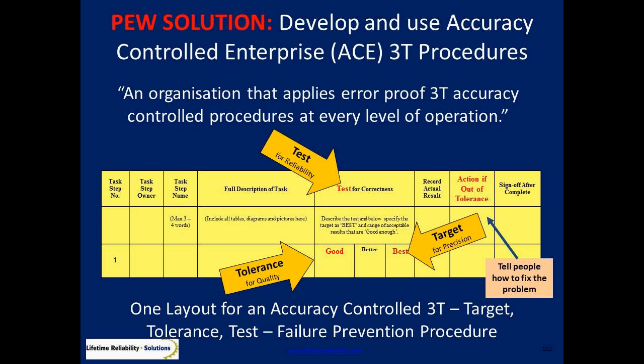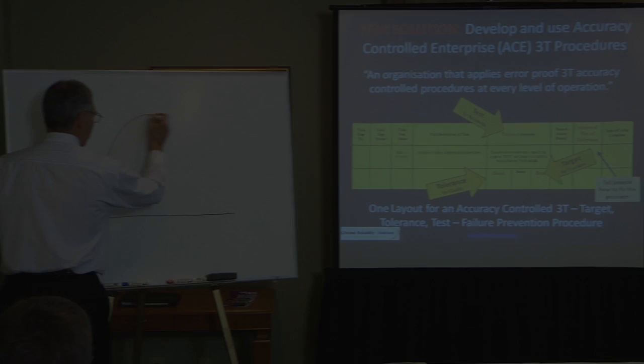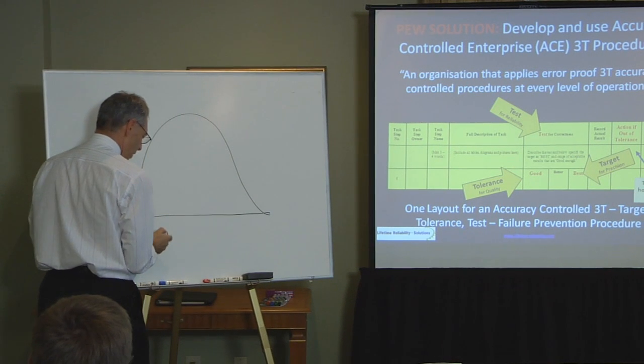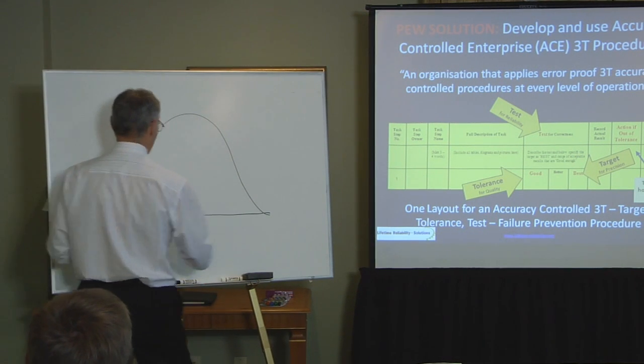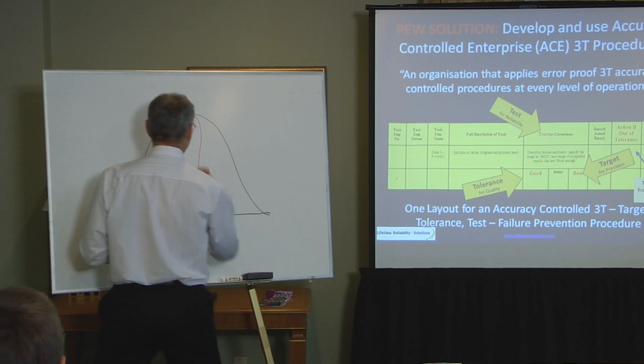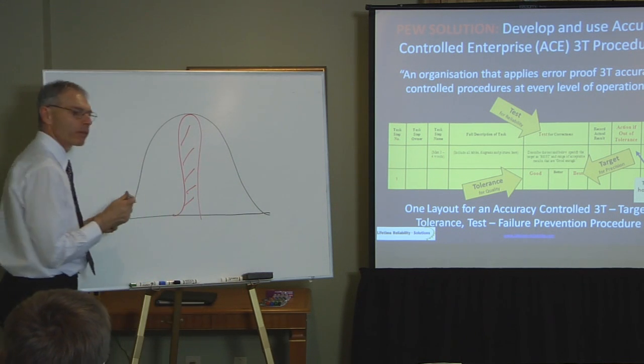What I'd like to do is take that concept of target, tolerance, test into my procedures. When it comes to accuracy control, I'm going to have to define the specifications that give me the accuracy I want. Because in the end, I'm trying to build a process that was like this, with many possible outcomes, into a process that is very, very tight and narrow.